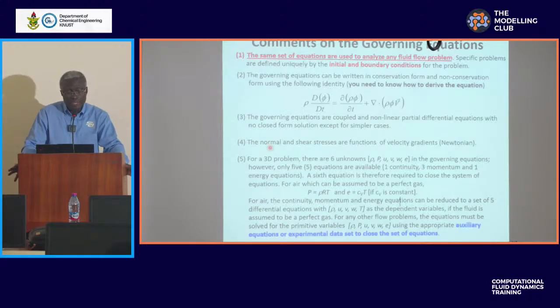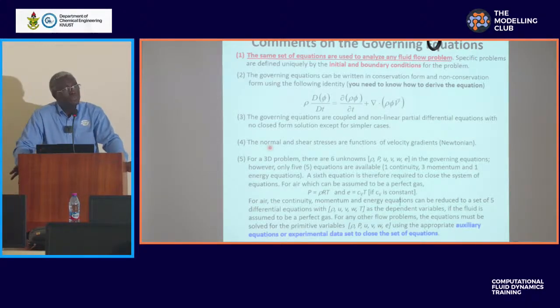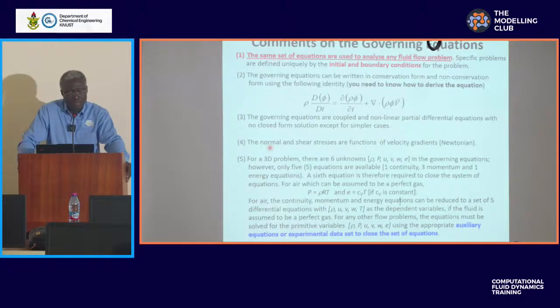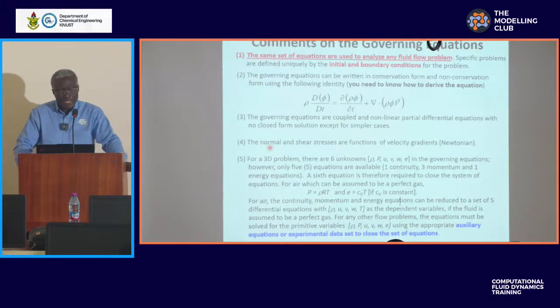Am I solving the problem for just a fluid in a spherical tank, or a flow in a pipe? That would impact my initial and boundary conditions. The governing equations can be written in conservation form and non-conservation form.